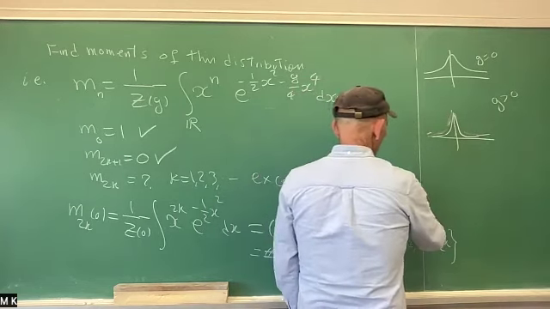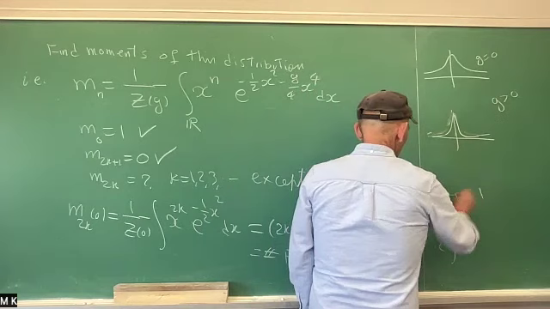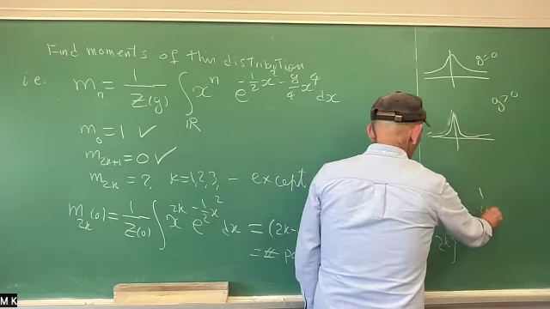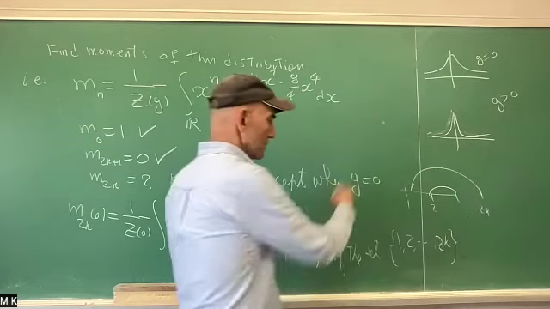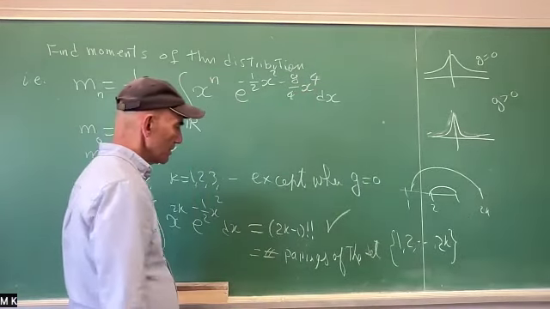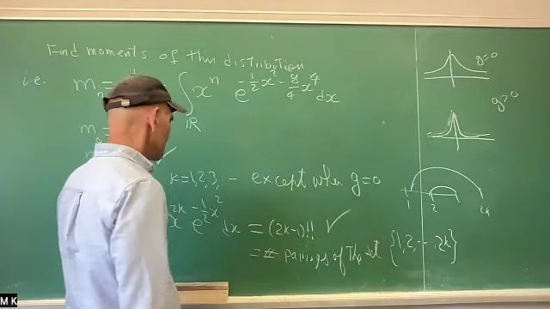So if you put these 2k points, and then you take all possible pairings, we already counted this. It's (2k minus 1) double factorial.